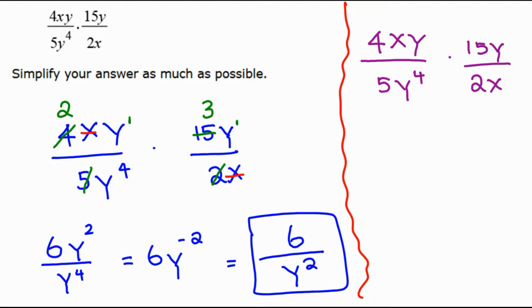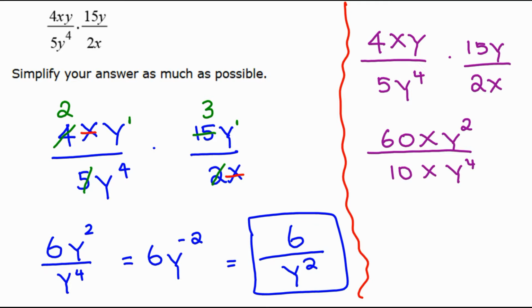So let me go ahead and multiply the numerator number with the numerator, denominator number with the denominator. 15 times 4 is going to give you a 60. And I'm going to put the two together, x, y, and that's going to be squared. Then let's go ahead and multiply the bottom numbers. 5 times 2 is going to be 10, x, y to the 4th.